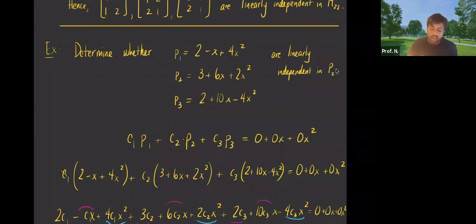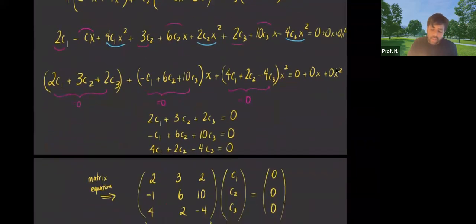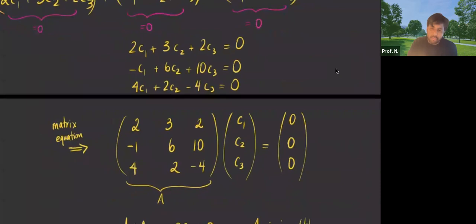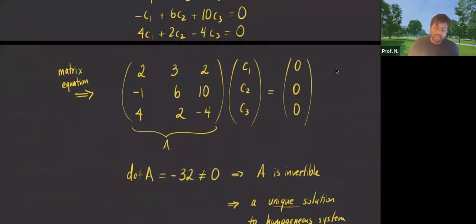Because the vectors that are linearly independent are the columns. If you were to graph these columns in R3, then the only point of intersection would be the origin. That's what it means to be linearly independent in R3.